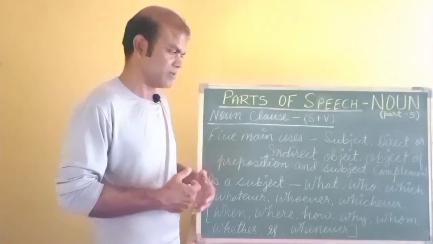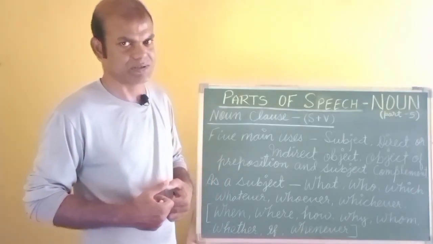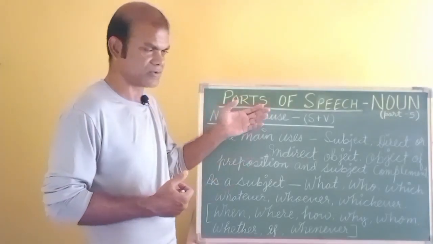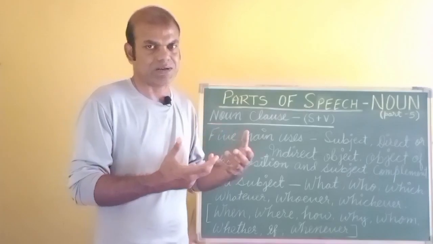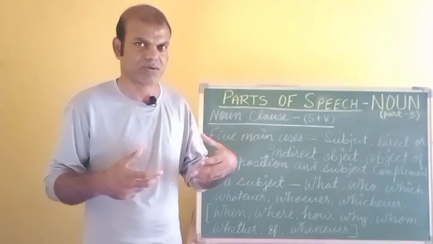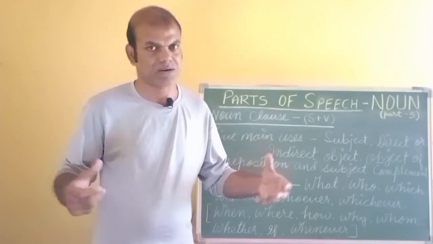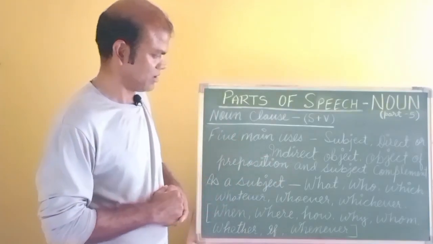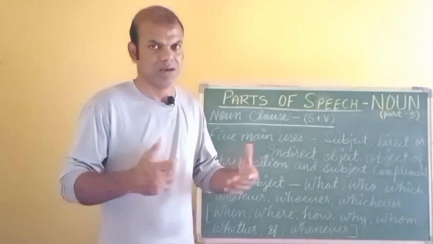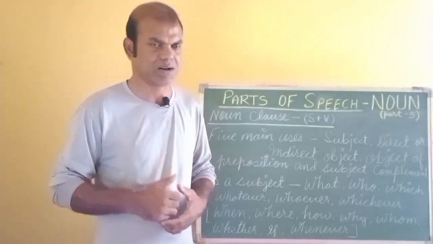Now before that we'll go with some conjunctions. What is a conjunction? Conjunction also is a part of speech. A conjunction is a word which can join 2 words or join 2 different sentences and make them one. Conjunction also is a different lesson which will be a different video entirely.